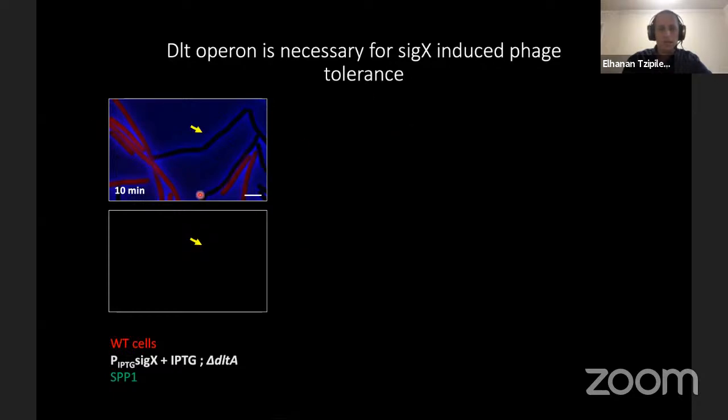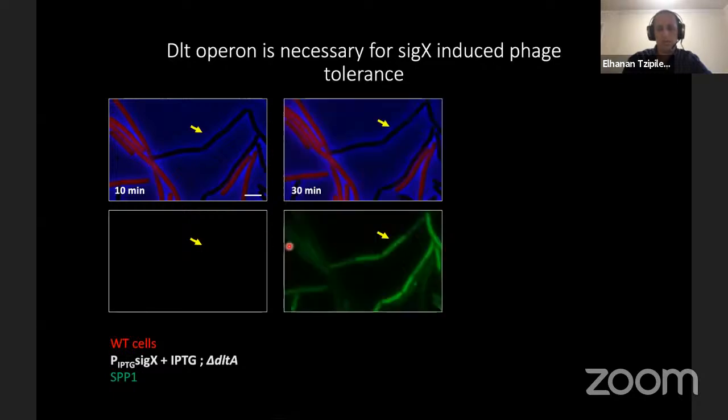Here is a time-lapse microscopy where we mix together mCherry-labeled wild type cells with non-labeled cells harboring an inducible copy of sigma X together with a mutation in DLTA, and in fact both in GFP-labeled SPP1.